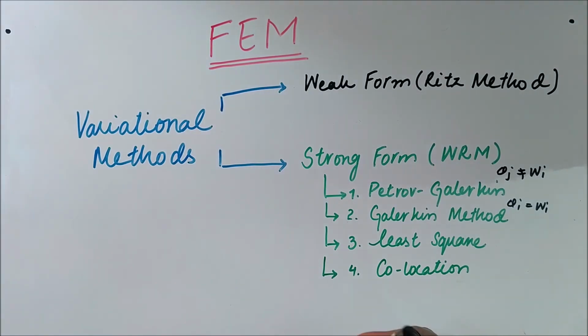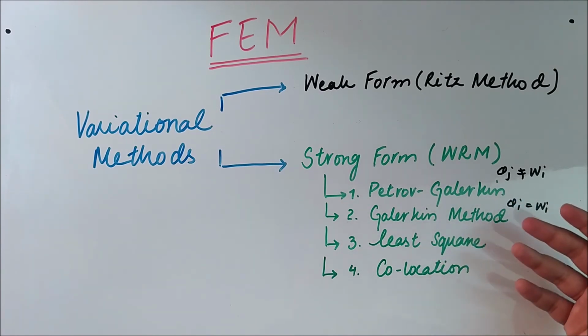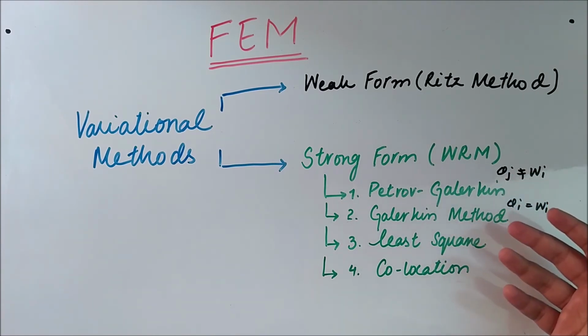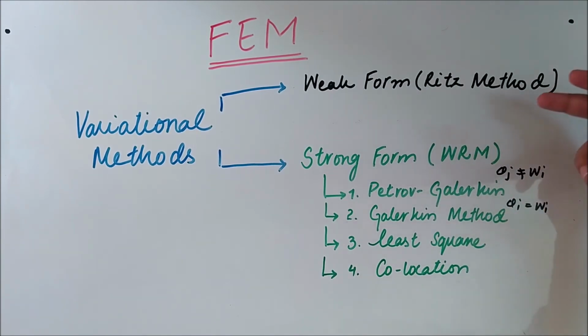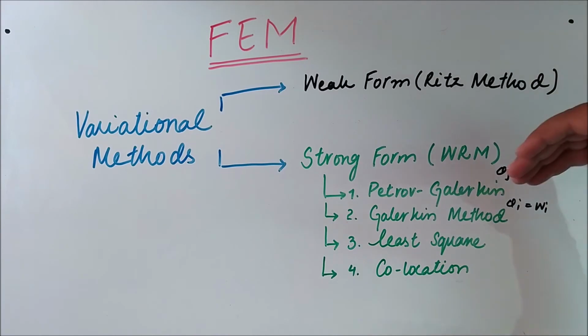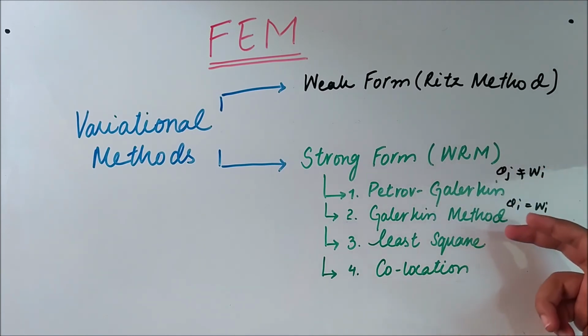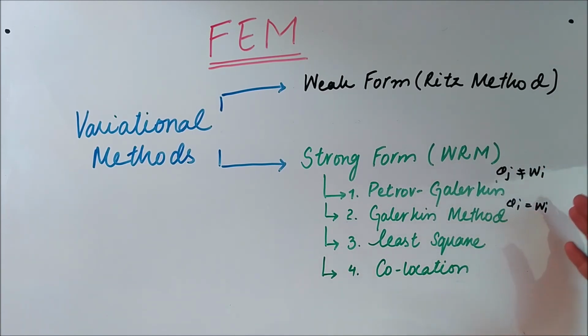The answer is that in the Galerkin method we don't need to do integration by parts, which is why this method is different from the weak form. In the weak form we have to do the integration by parts, and then we assume that the shape function is equal to the weight function. But in the Galerkin method there is no integration by parts, but we are assuming that the shape function is equal to the weight function. So these two methods are different from each other in this manner.